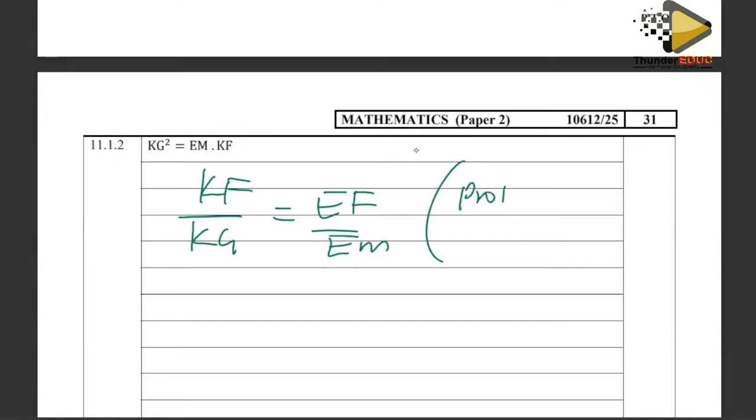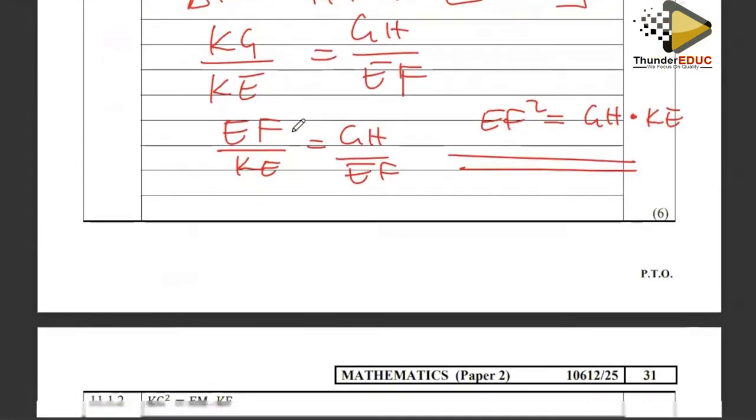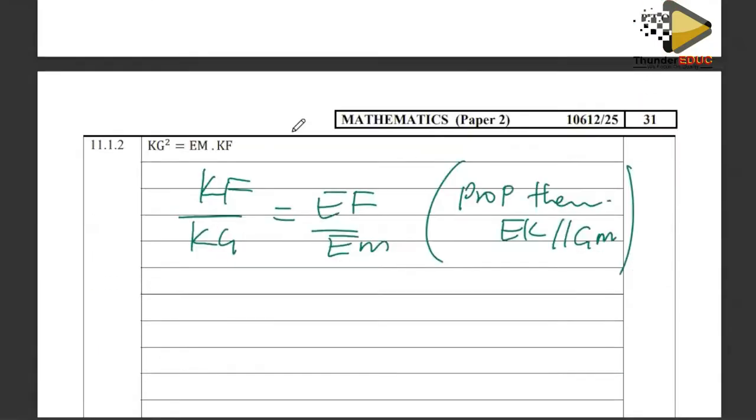Reason, the proportionality theorem, because EK is parallel to GM. Then what did they tell us? Sides that are the same. KG is the same as EF. EF is the same as KG. So let's change the EF into a KG here.